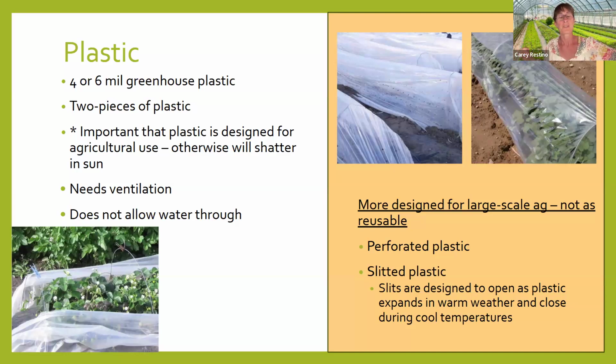And it's also easier to slide up on the sides. It doesn't bunch as thickly. So I've had really good success with that. But I haven't used the thinner, which maybe is 4 mil perforated plastic yet, but I'm really curious about that.